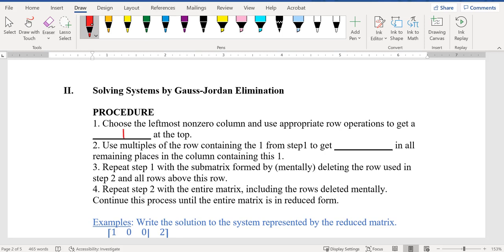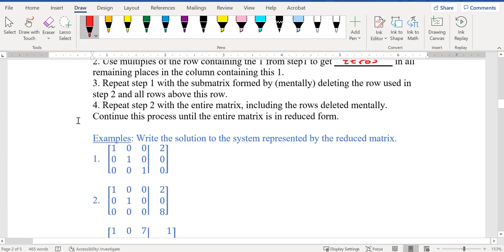Then you're going to use multiples of the row containing the 1 from step 1 to get zeros in all remaining places in the column containing that 1. Then you're going to repeat step 1 with a submatrix formed by deleting the row used in step 2 and all rows above that row. And you're going to repeat step 2 with the entire matrix, including the rows deleted mentally. You continue that process until the entire matrix is in reduced form.